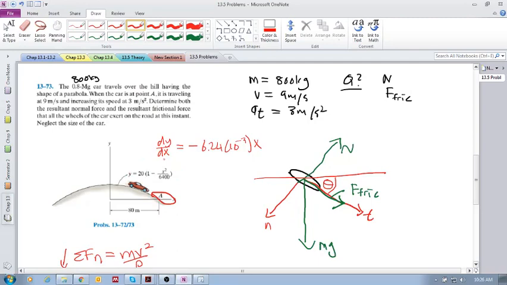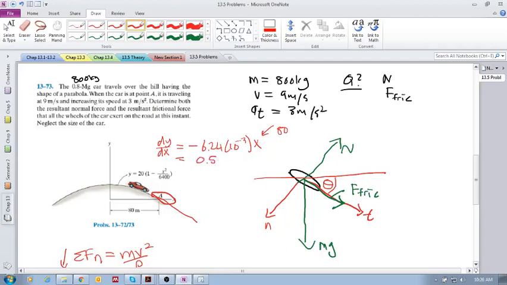Why do we want to take the first derivative? Because that gives us the slope at this point. And we know the x value at point A is 80, so if I plug 80 in, I end up with 0.5.